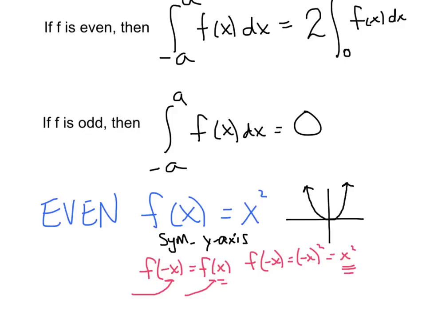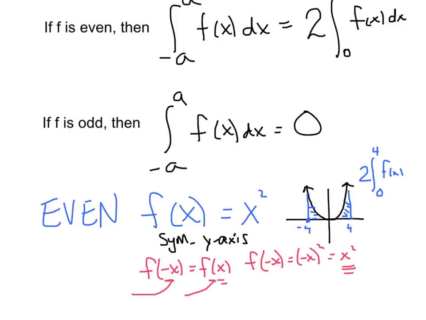Hence, this is an even function. Now watch this. Let's say I integrate from negative 4 to positive 4. Would you agree those areas are the exact same? Yes. So that's why this rule says, okay, just say you have two of them from 0 to whatever that number is. It's the same thing as integrating from negative to positive 4.